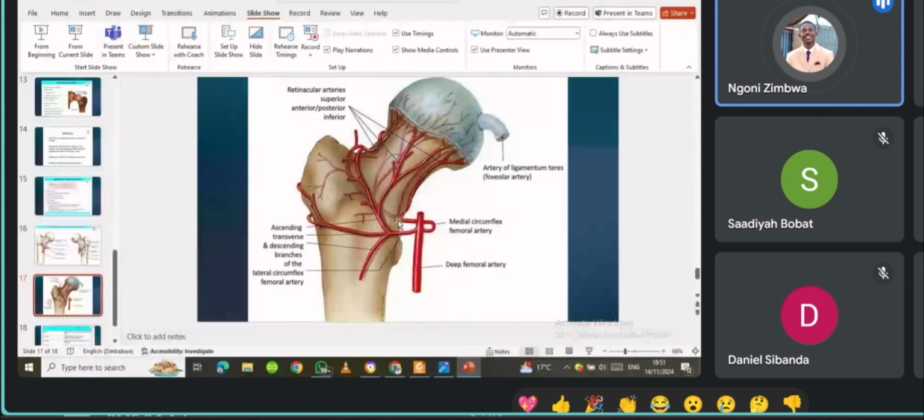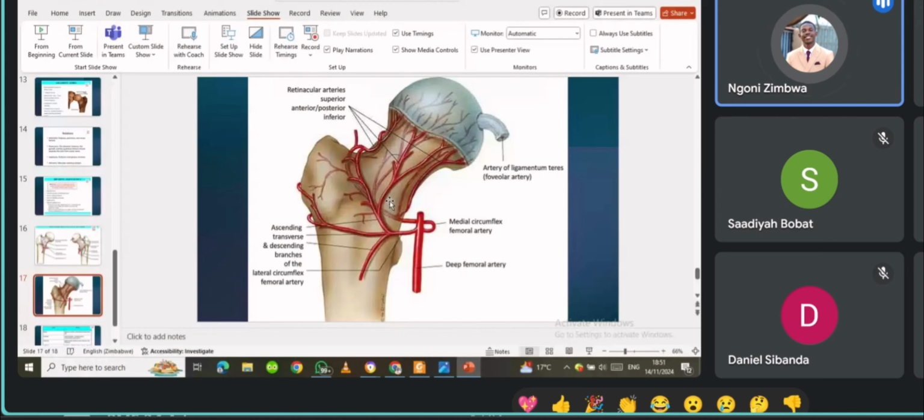I'm going to tell you the reason why. Why not the lateral? Remember, the lateral is ascending here. This will be your lateral, right? Take note of this. And what is on the anterior aspect of the capsule? The iliofemoral ligament, which we said is the strongest ligament in the body.